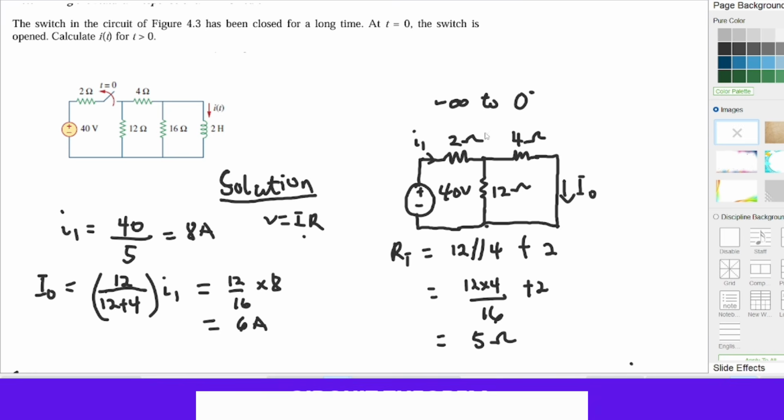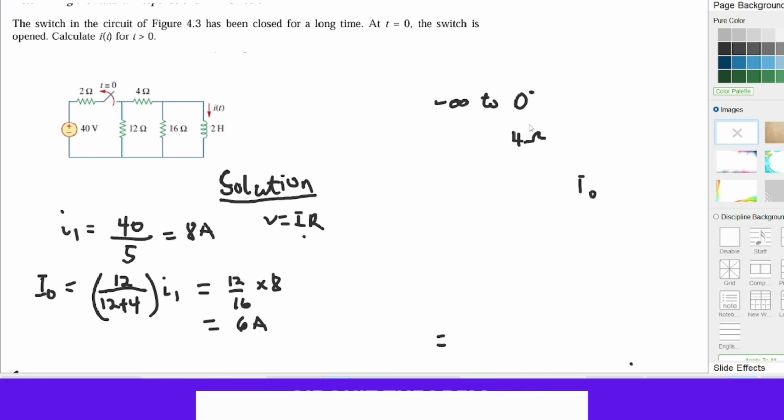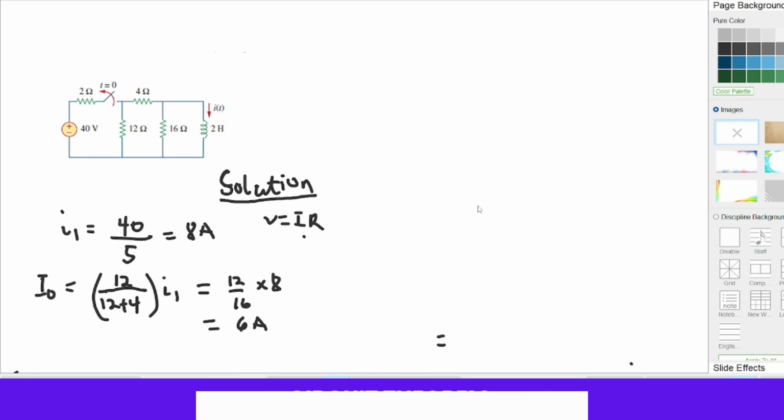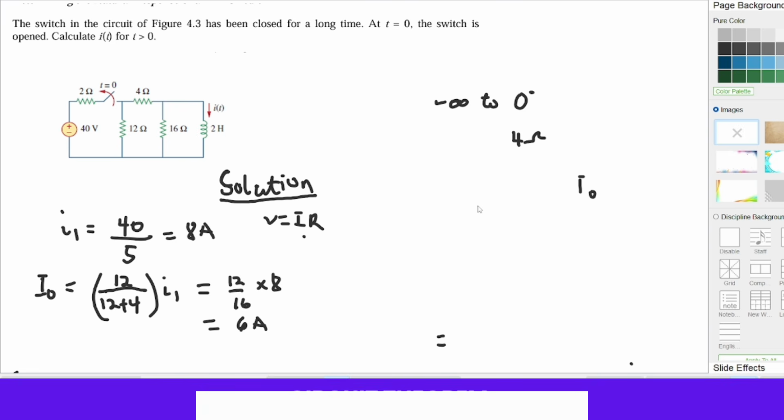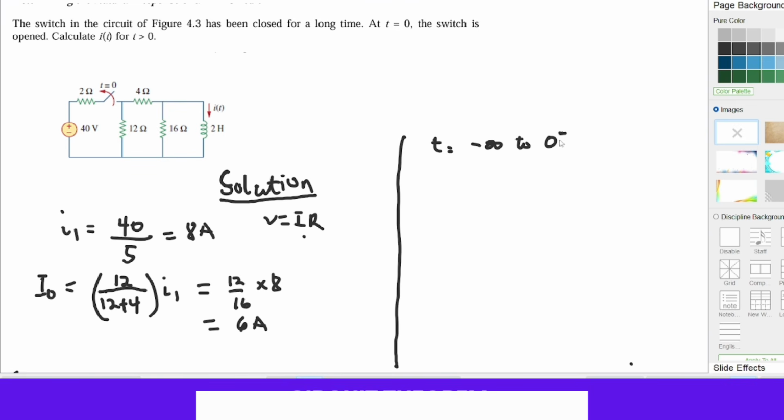So we can also say, when our time is from negative infinity to the time right before 0, or 0 minus, our I naught can be obtained from that duration: 6 amps.